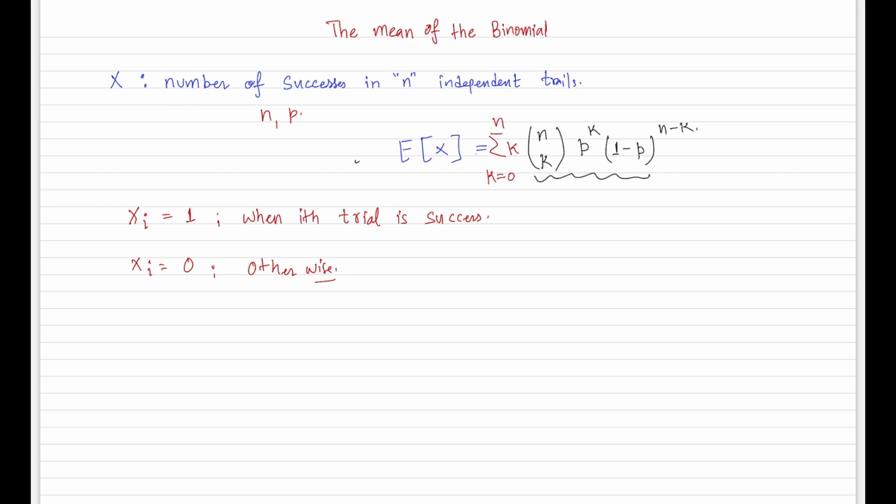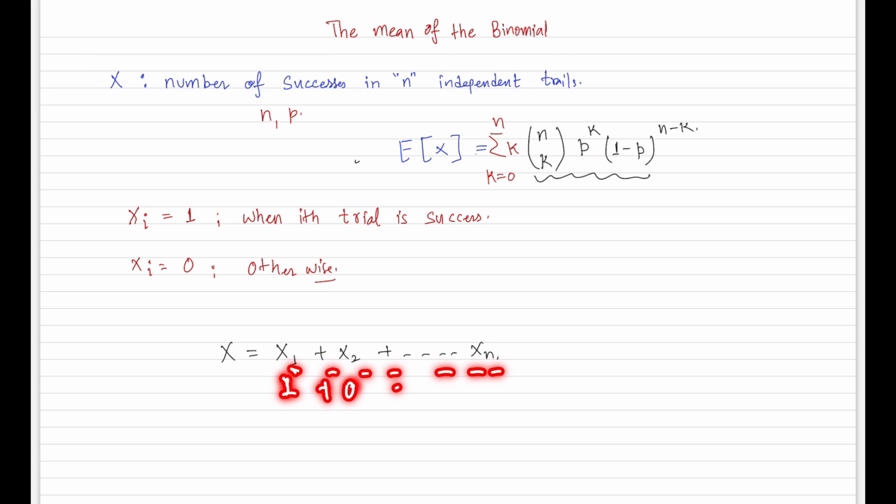So here the trick is that you can simply write the random variable X as a sum of these individual random variables, X equals X_1 plus X_2 plus up to X_n. How many successes you get depends on how many ones you have got. Either you get 1 or you get 0.